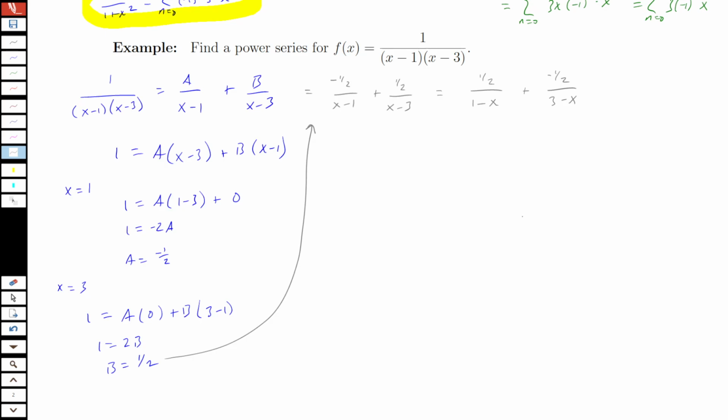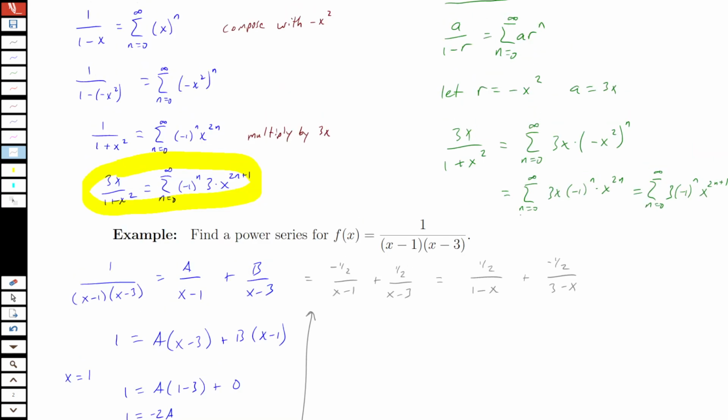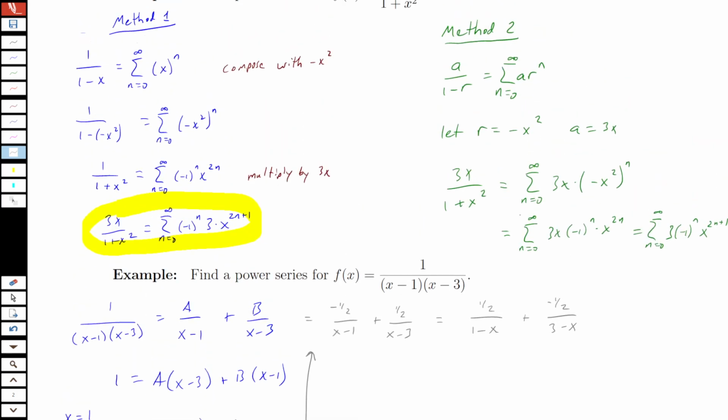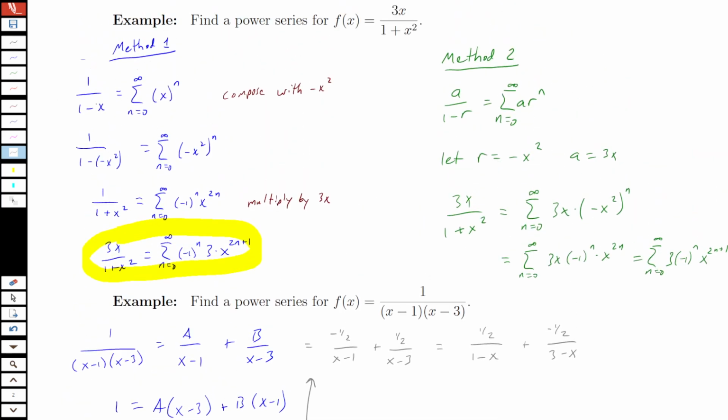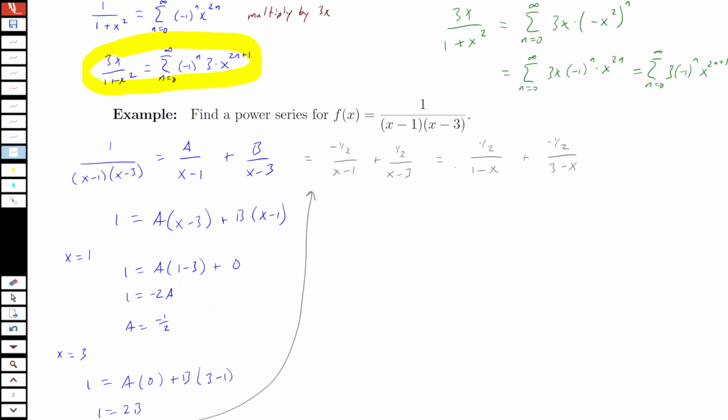Okay, now in the formula that we had, 1 over 1 minus x, or even if I use a over 1 minus r, either way, this 1 is stuck as a 1. And for the first one, that's not a problem. I have a 1 here. But this 3 is going to be a problem.